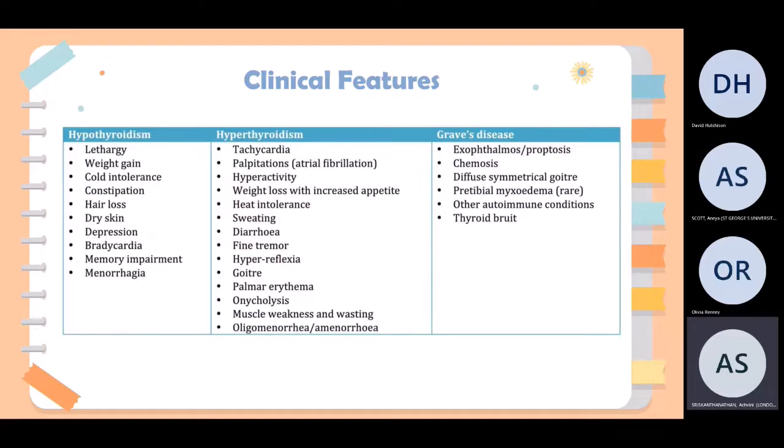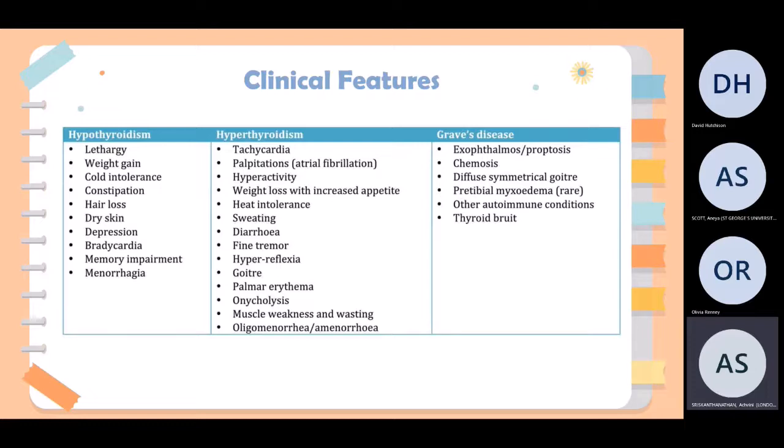And then this is a branch of your hyperthyroidism, so your Graves' disease. So these are more worrying signs. So your exophthalmos or your proptosis, your chemosis, so these are your eye signs, having a diffuse symmetrical goiter.